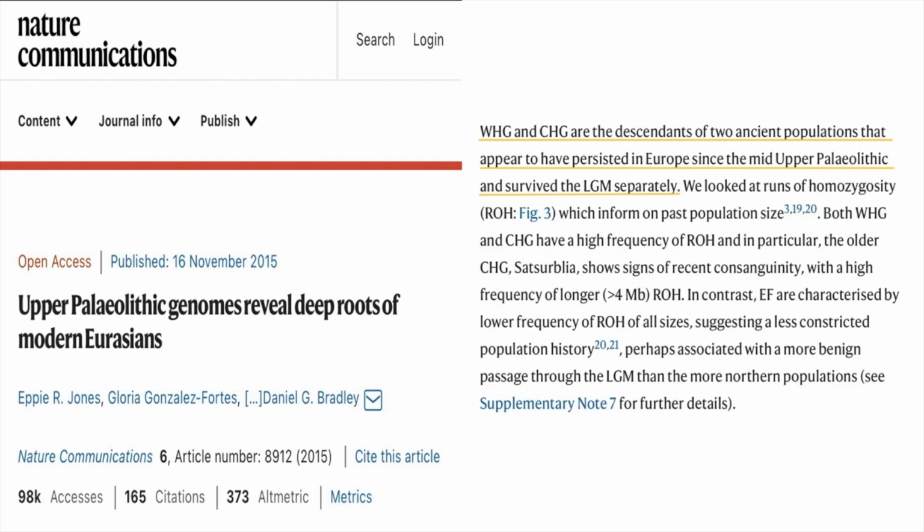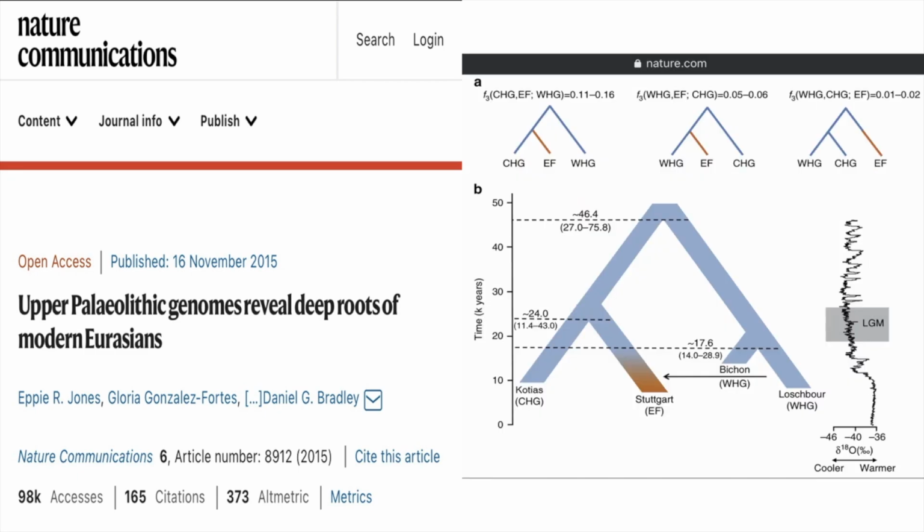Western hunter-gatherers and Caucasus hunter-gatherers are the descendants of two ancient populations that appear to have persisted in Europe since the mid-Upper Paleolithic and survived the last glacial maximum separately. So basically, Caucasus hunter-gatherers and Western hunter-gatherers, in a sense, they're cousins.